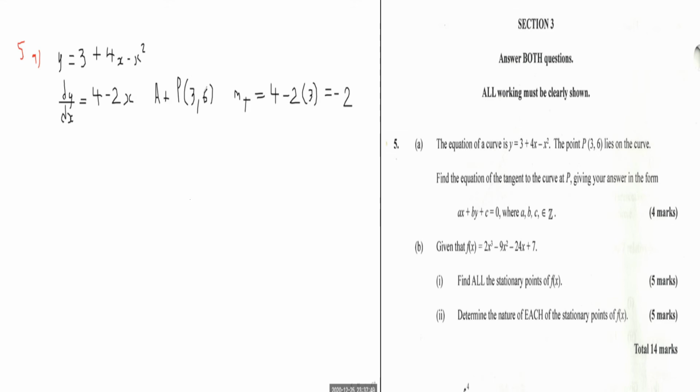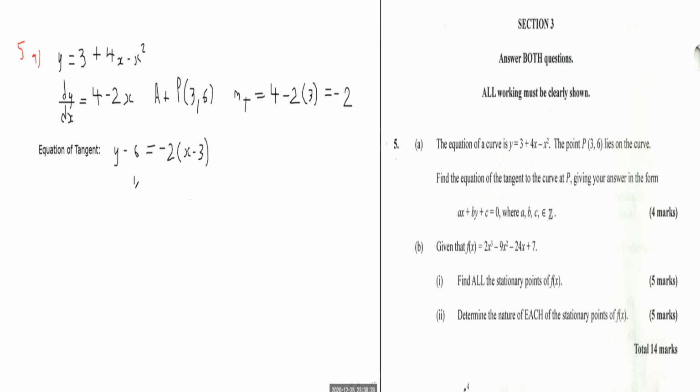Now that the gradient of the tangent is negative 2, we can find the equation of the tangent. It is going to be y minus the y value at P, so y minus 6, equal to the gradient of the tangent, negative 2, times x minus 3. But we can't finish here, because they want it in the form ax plus by.